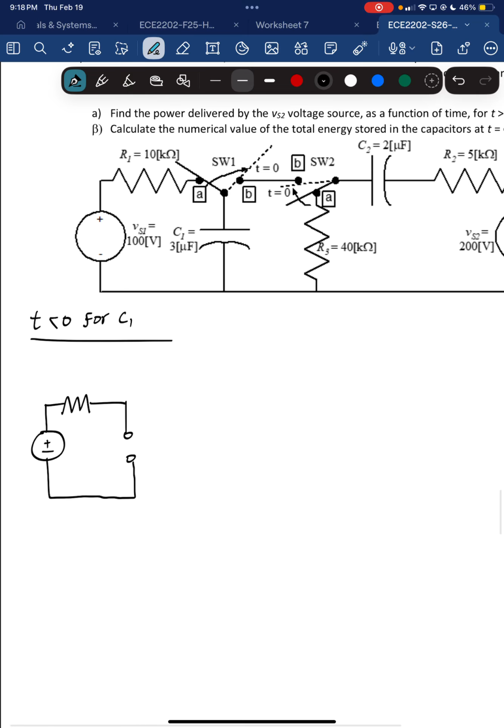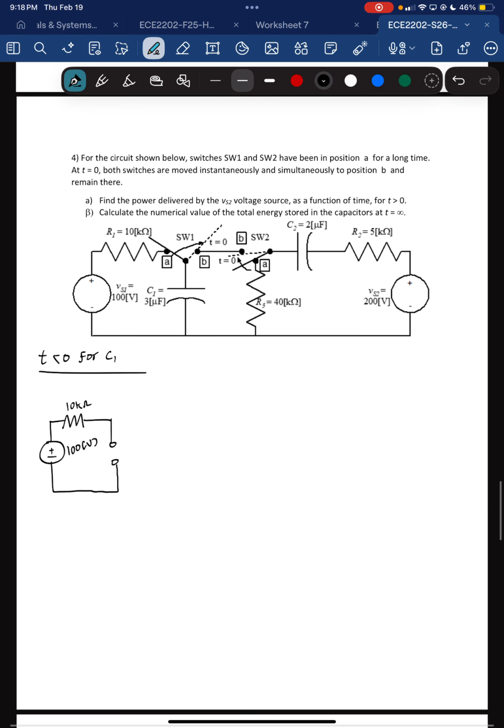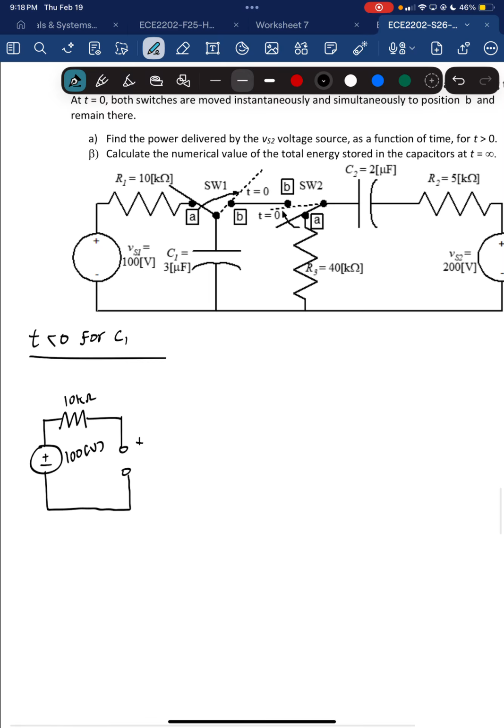Okay, so this is 100 volts, 10 kilo ohms, right? And then this is VC1 of 0. So what's VC1 of 0? 100? Trust your gut.